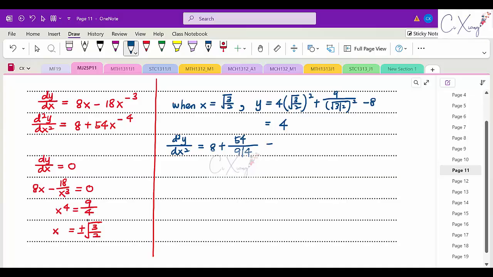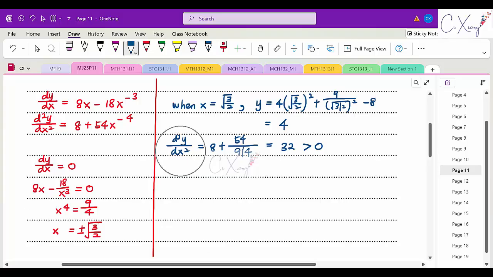When you simplify it, you have 32, which is a value that is positive, more than 0. When d square y dx square is more than 0 at this particular point, it tells us that this stationary point is a minimum point. Let's make a conclusion here. This particular point is a minimum point.